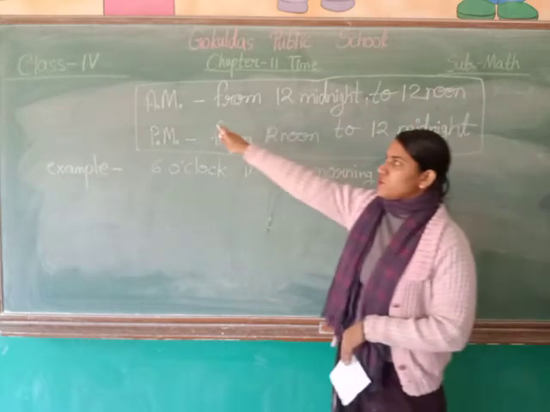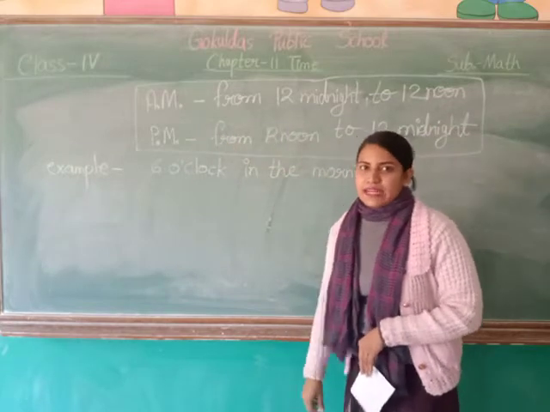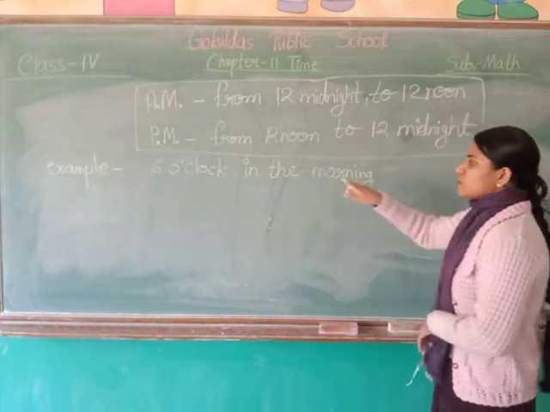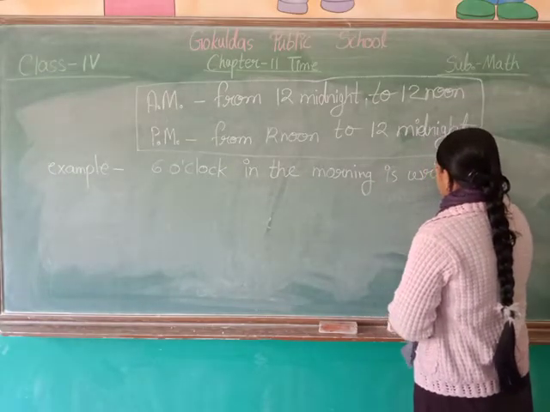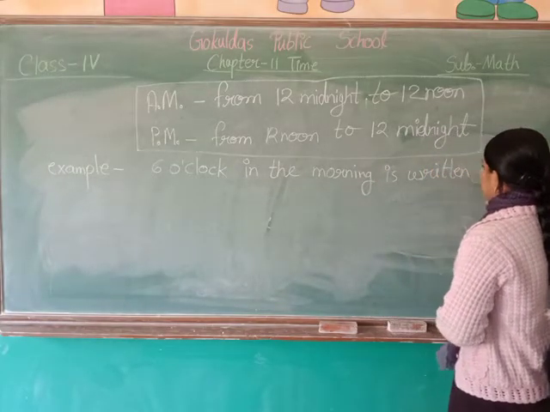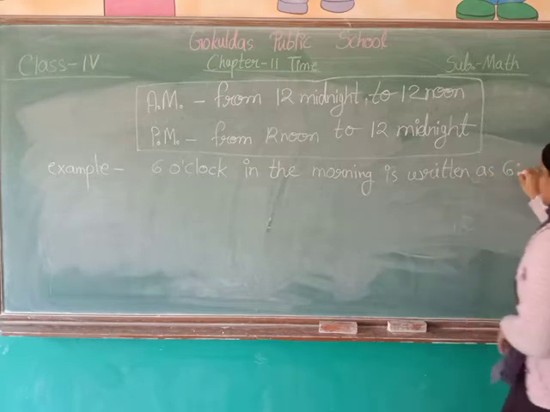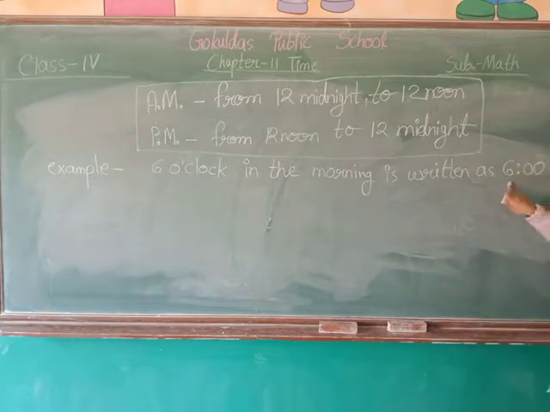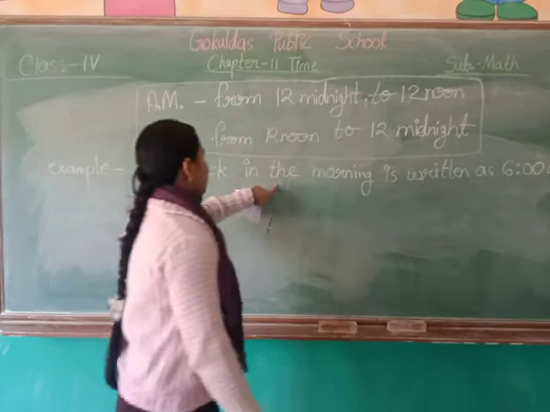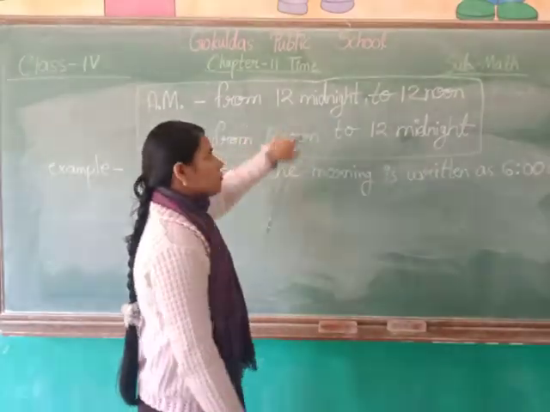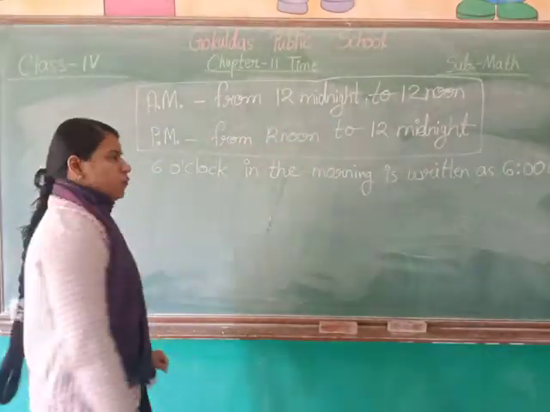So what we will use? We will use term AM, that is anti-meridian. 6 o'clock in the morning is written as 6 AM. Why we are using AM? Because 6 o'clock in the morning means it is the timing from 12 midnight to 12 noon.